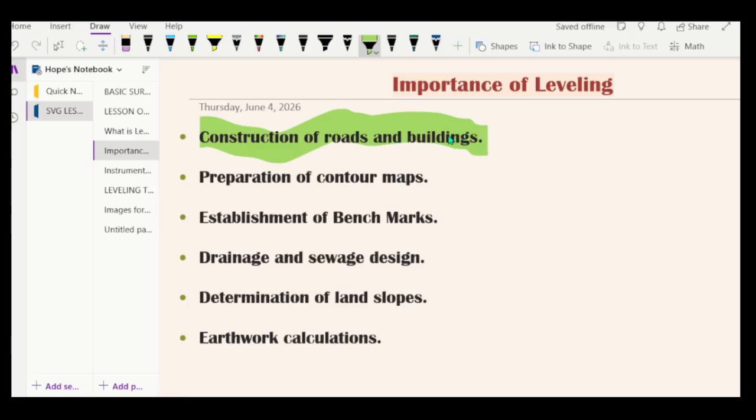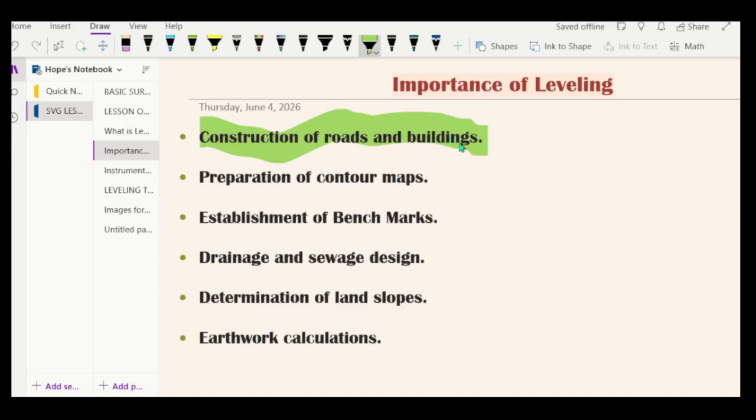In a building site, there's usually a leveling process before you even construct a building, or anything at all. You may often need to know where your benchmark is in a building or construction site.